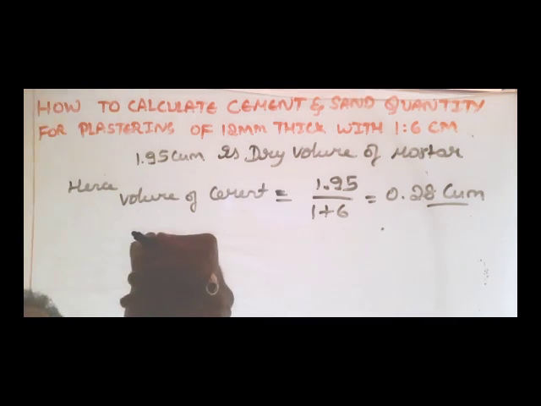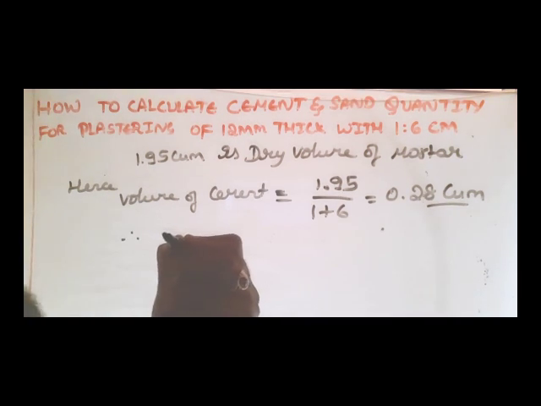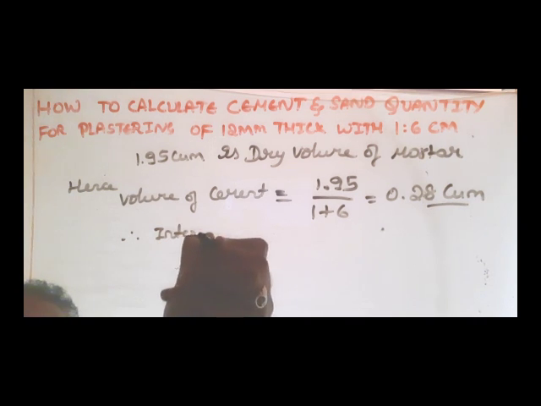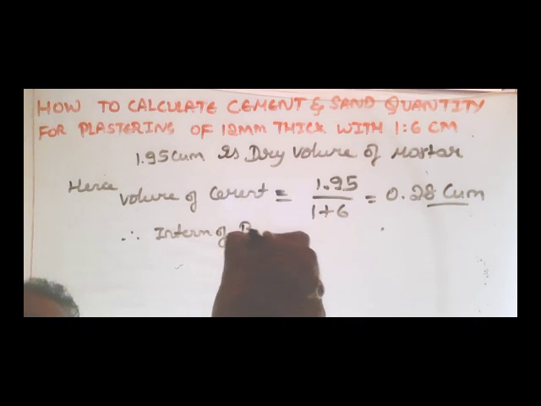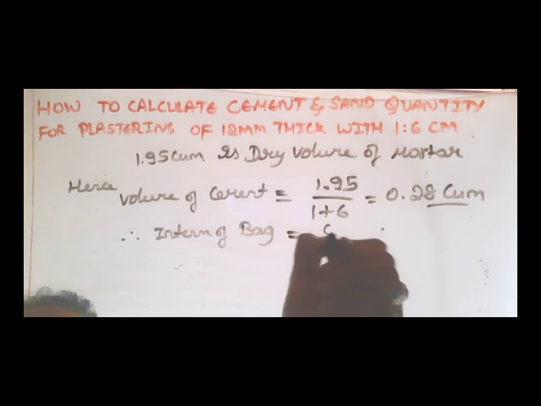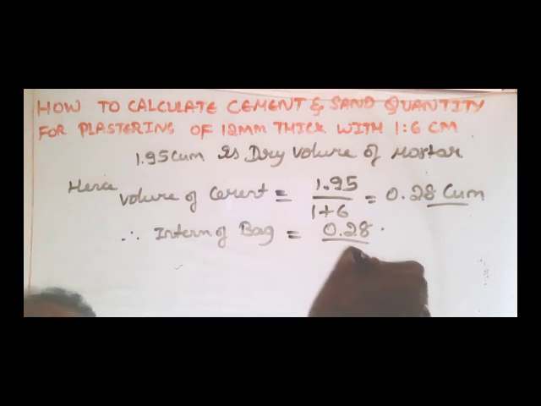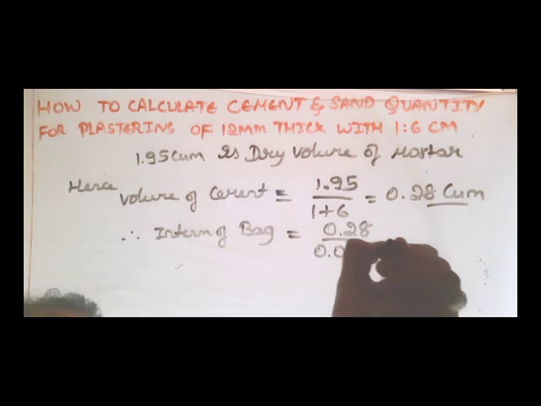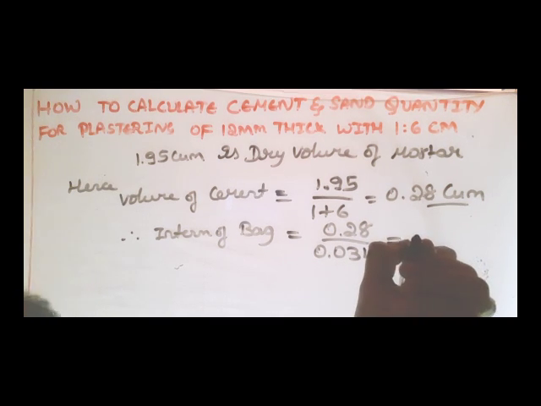Therefore, in terms of bags, how many bags are going to be calculated? 0.28 divided by 0.034347. If I divide this, you're going to get approximately 8 bags.